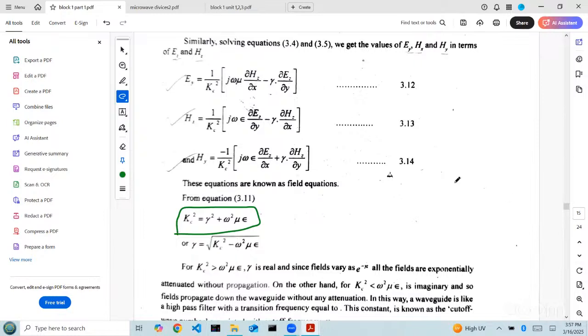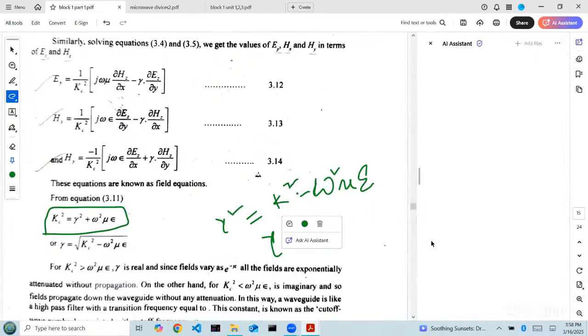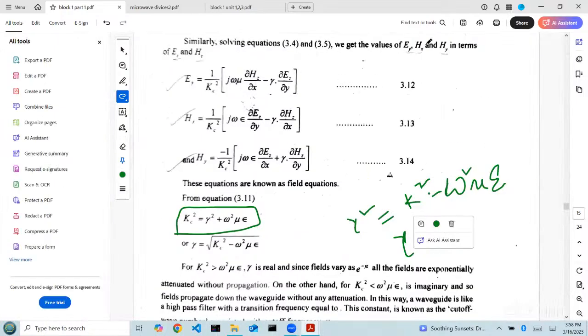From this I am writing the gamma value. Gamma square equals, with the terms shifted, Kc square minus omega square mu epsilon. From this, gamma equals the square root of it.